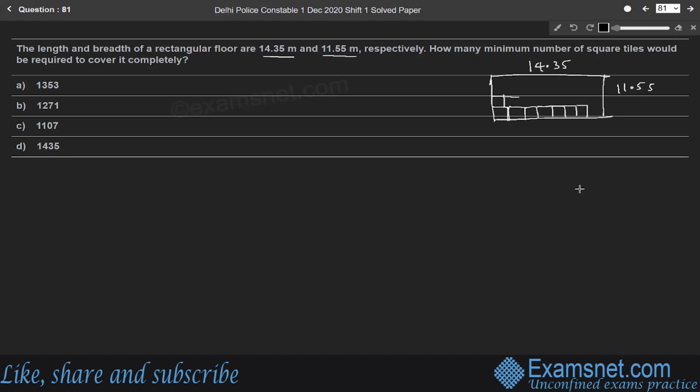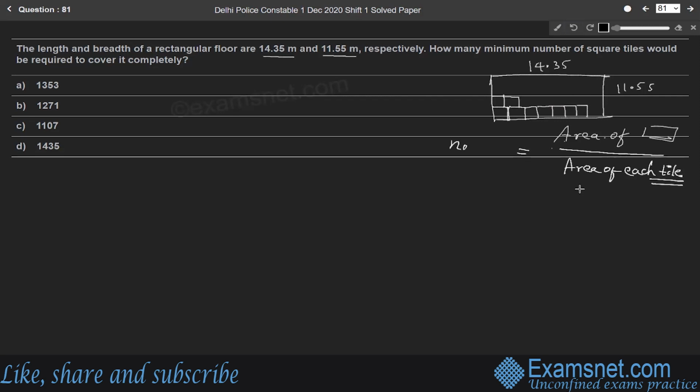For this, we should know the area of the rectangular floor first, divided by the area of each tile. Each tile means each square shaped tile. So this gives the required number.